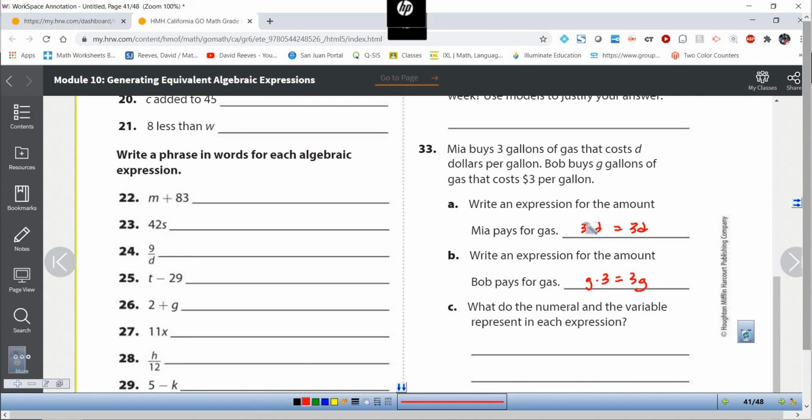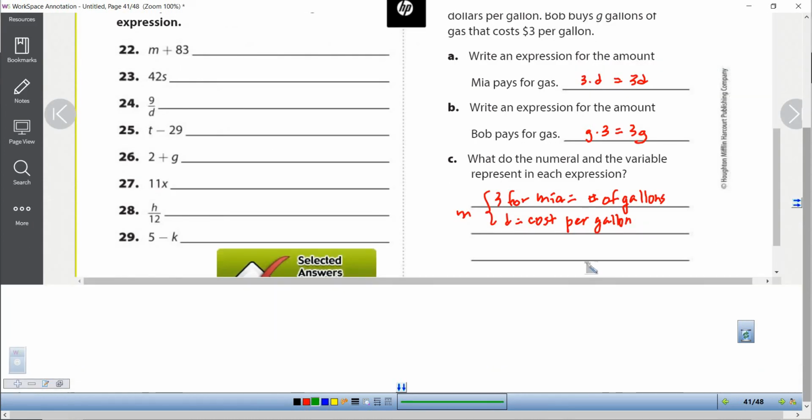So this 3 for Mia represents the number of gallons, and the D is the cost per gallon. That's for Mia. Let me use a different color here for Bob.